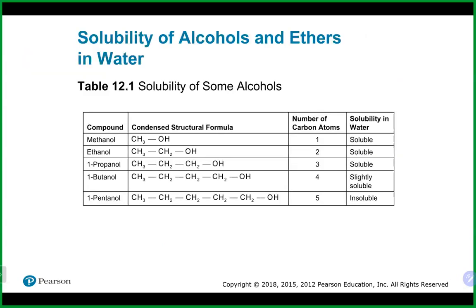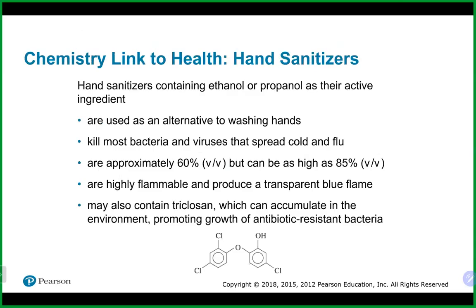So usually around that 4-ish mark in terms of alcohols, you start to run into some trouble in terms of solubility. Before that, things are relatively soluble because they're small. They have that OH group, but as you build out the non-polar side, you run into some trouble in terms of solubility.